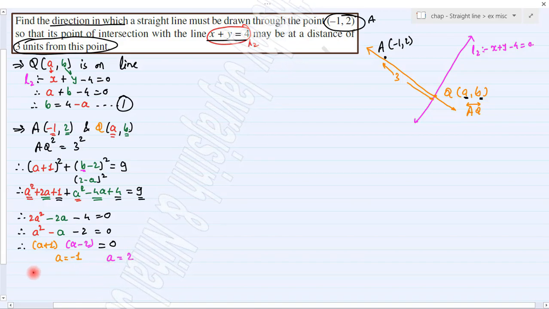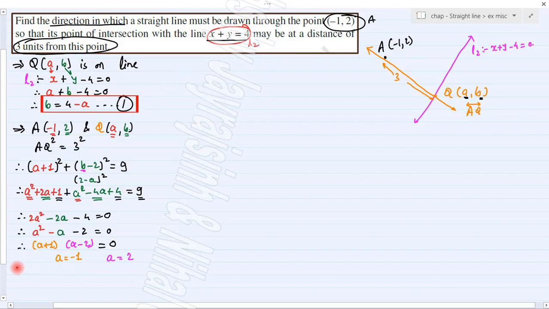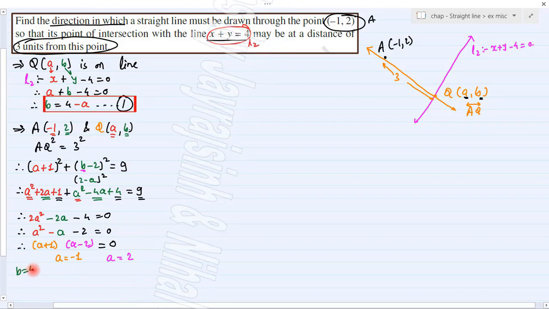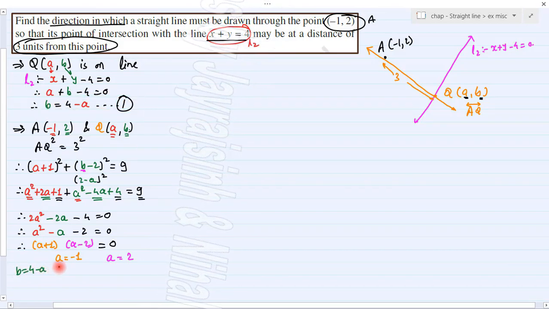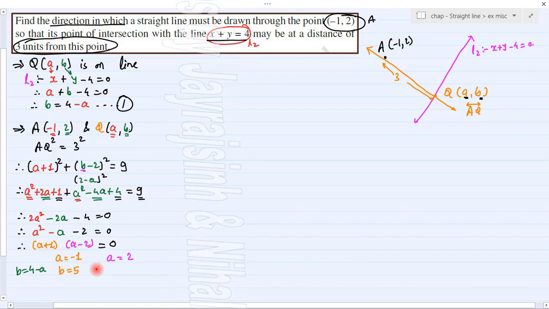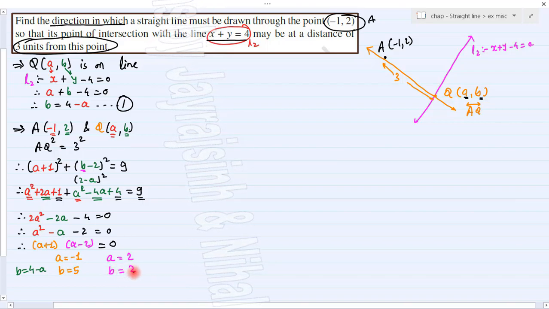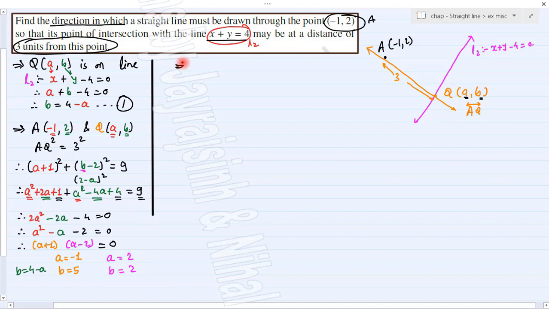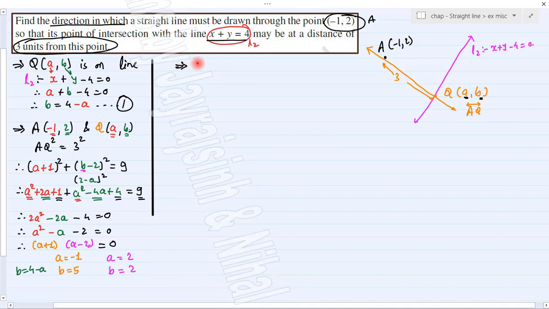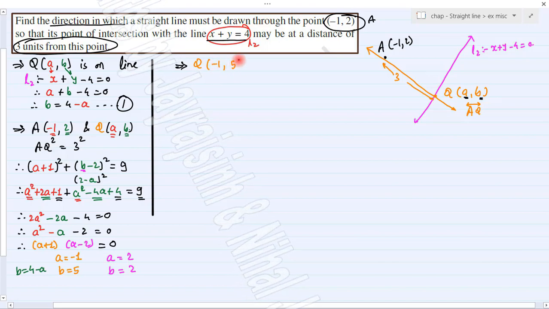So here we'll get the first one, A is equal to minus 1, and the second one, A is equal to 2. Now, from equation number 1, we know that your B is equal to 4 minus A. So if A is equal to minus 1, we will get B is equal to 5. And if A is equal to 2, you will get B is equal to 2. So here we get two options. The first option is your Q can be minus 1 comma 5.